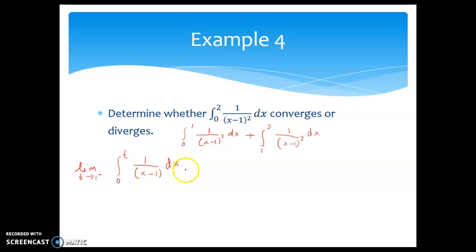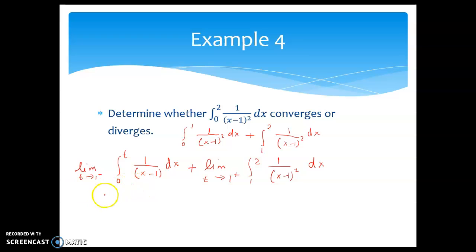That's why we change the limit using t. Plus the limit as t goes to 1 from the right of the integral from 1 to 2 of 1 over (x minus 1) squared dx.